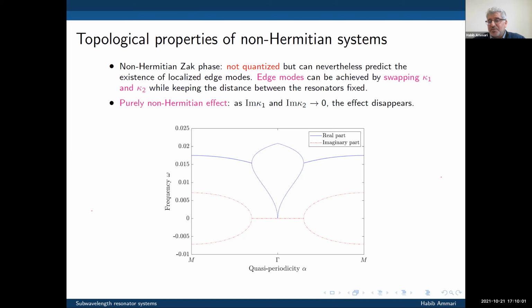There are very few results on general non-Hermitian systems, and the only ones we can analyze are non-Hermitian systems under parity-time symmetry, a very small subclass of problems. While in the time domain, it's fun. Thank you very much.